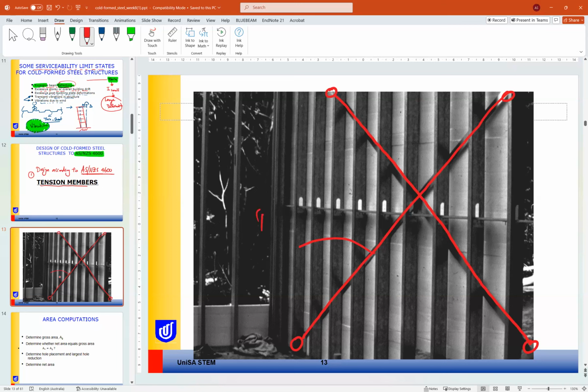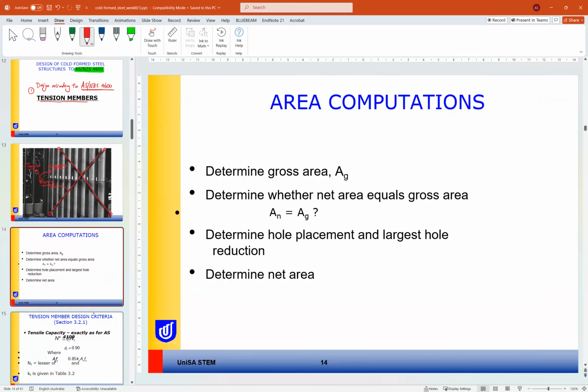This member is bracing. So the bracing can be under tension or compression. If we have a bracing member under tension, we have to design this member under the cold formed steel standard, if it's a cold formed steel structure.